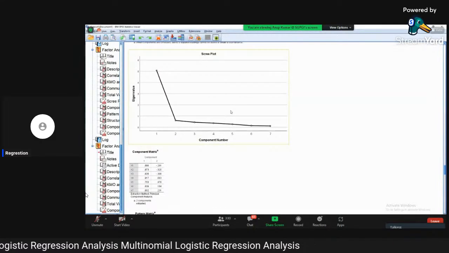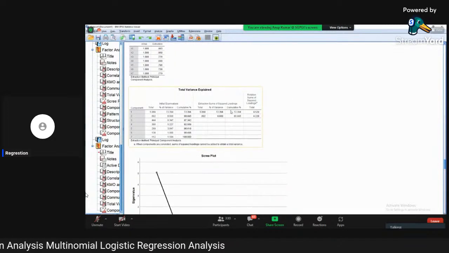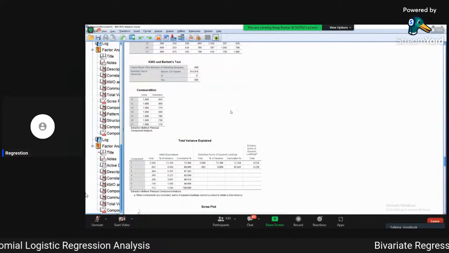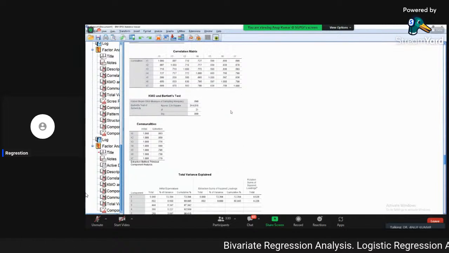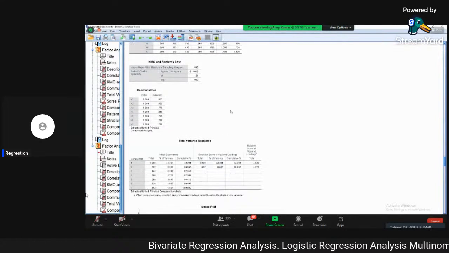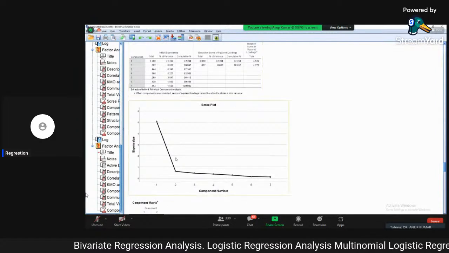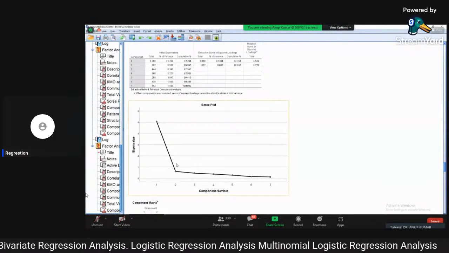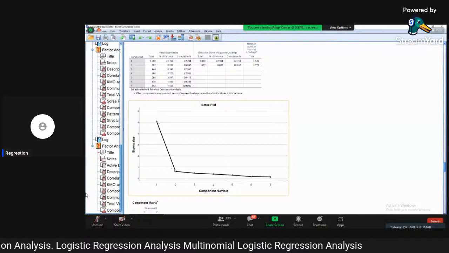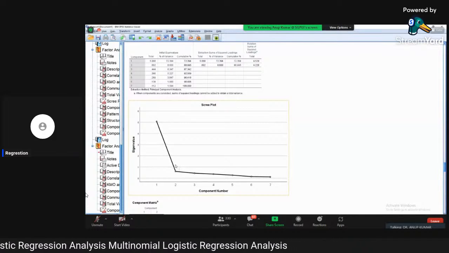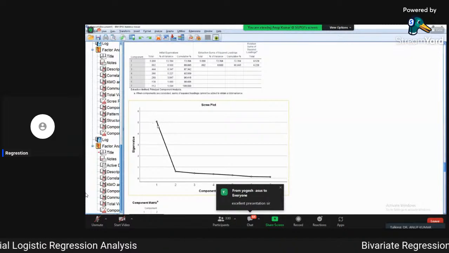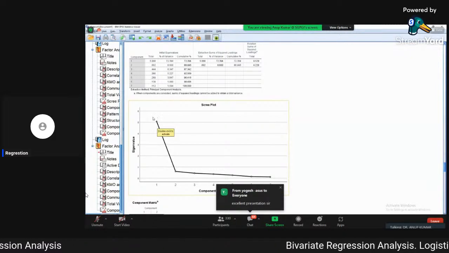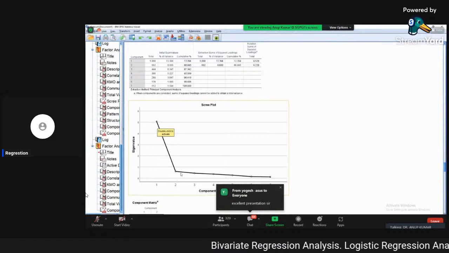Sir, what is the significance of taking eigenvalue greater than 1? This is one of the things because of which a factor explains a higher percentage. If the eigenvalue is more than 1, this factor is going to explain more.